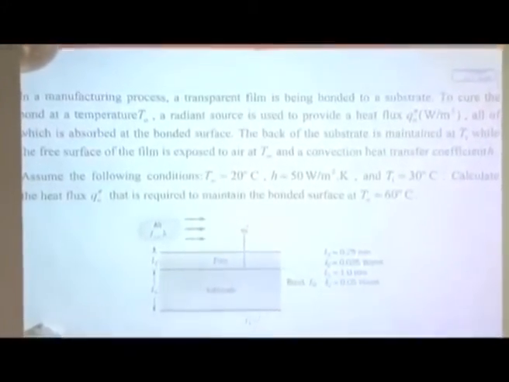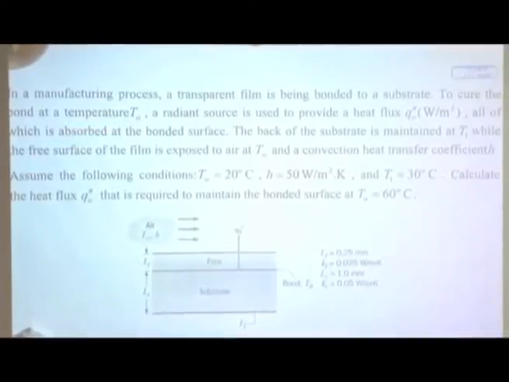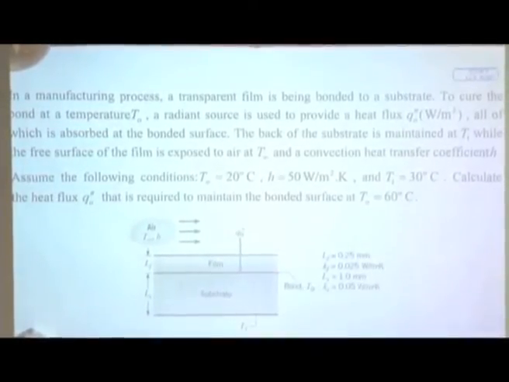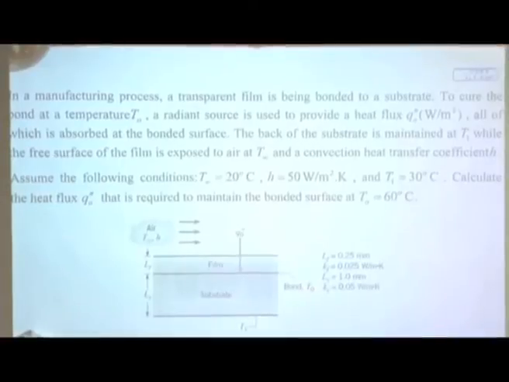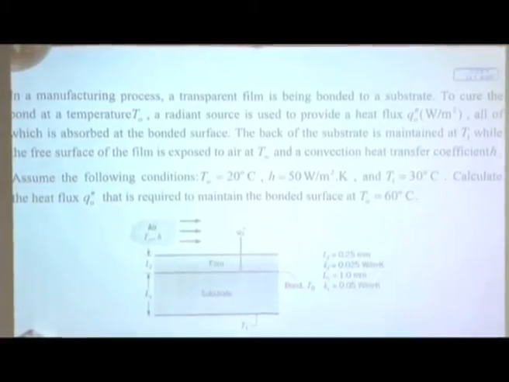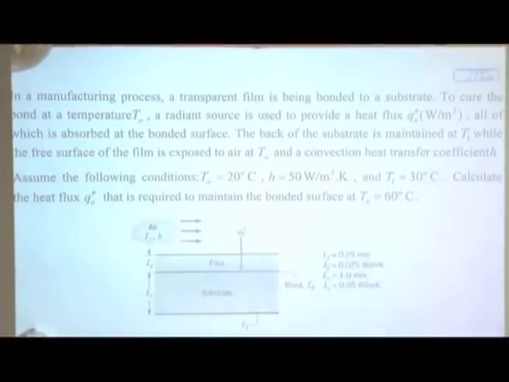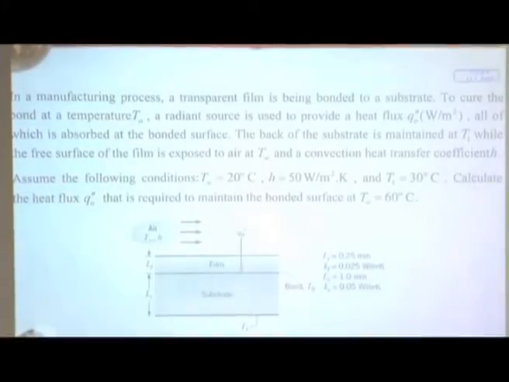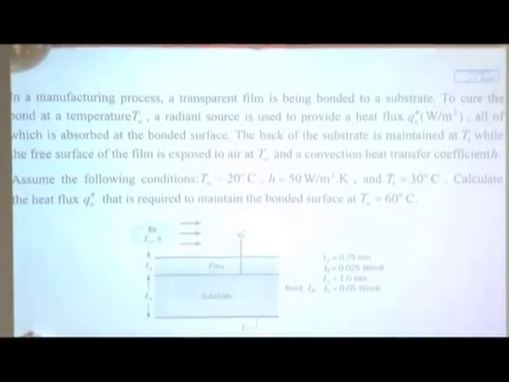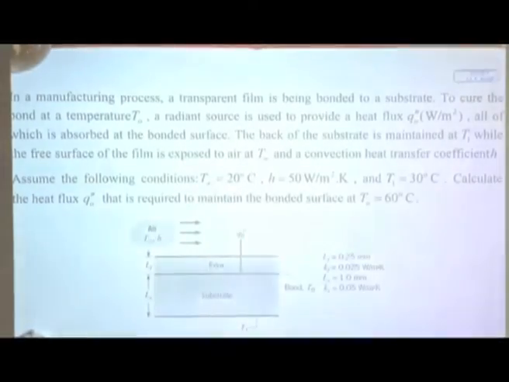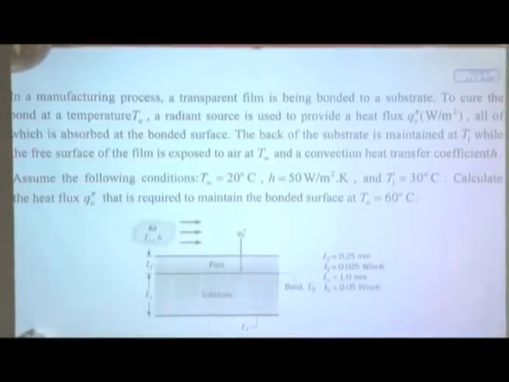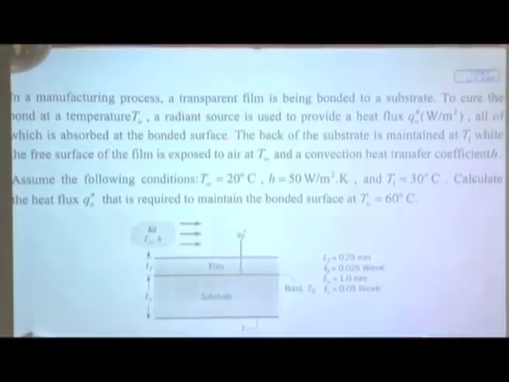To cure the bond at a temperature T0, that means the bond surface should be maintained at a temperature T0. And to cure this bond so that it is maintained at this temperature T0, a radiant source is used to provide a heat flux q0 double prime, watt per meter square, all of which is absorbed at the bonded surface.